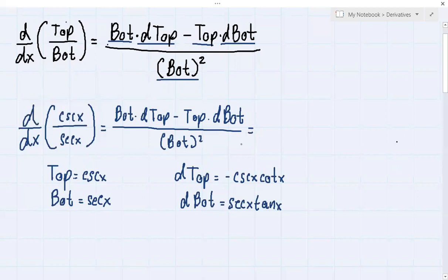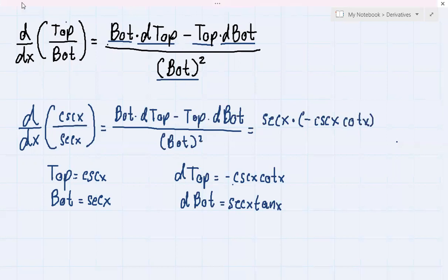So, let's substitute. So, bottom, we have the secant x. I do not need to write the parentheses. Bot is the secant times d top, which is ito yun, which is negative cosecant x times cotangent x.